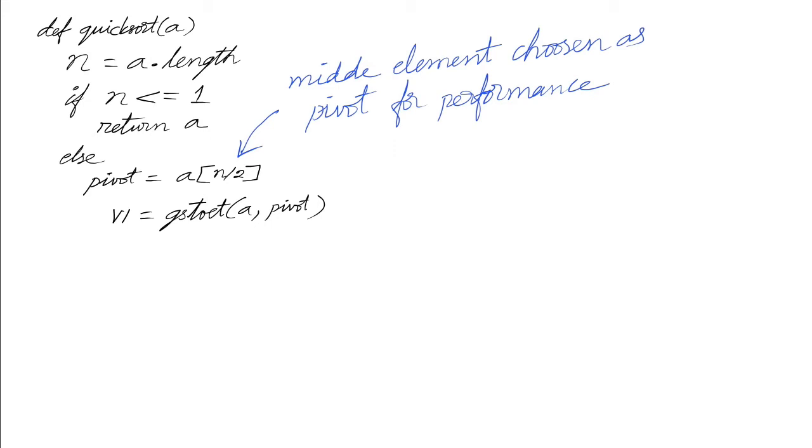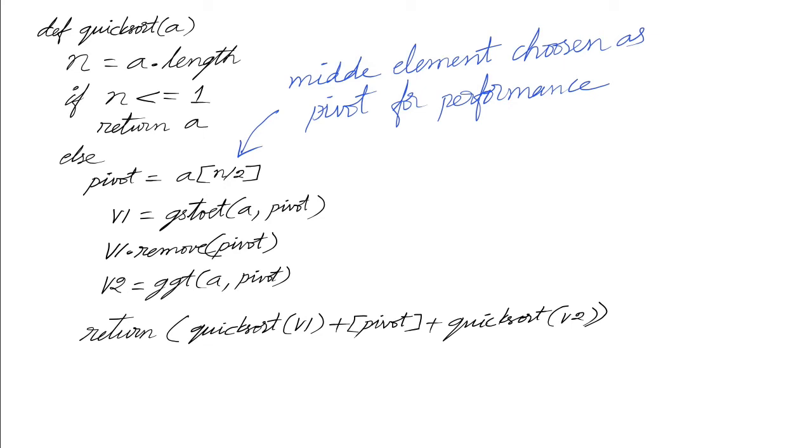We then remove the pivot because we saw in the recursion diagram, we will put this in between the output of the subproblems. Then we call another method called get greater than, and we pass in the array and the pivot. This will return all the elements in the array that are greater than the value of the pivot. We will assume we already have this function.